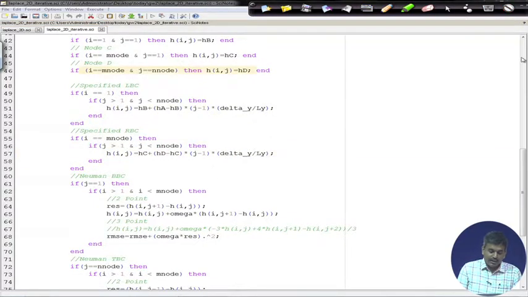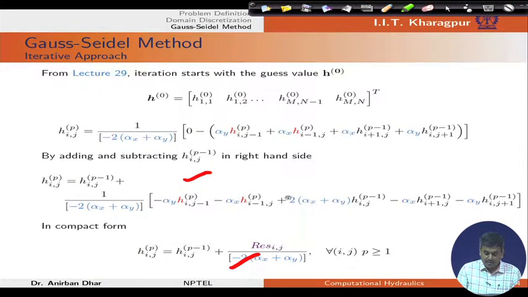But what will be the condition for the boundary case, either it is a bottom boundary or top boundary? We need to see what will be the changes in our algorithm structure.